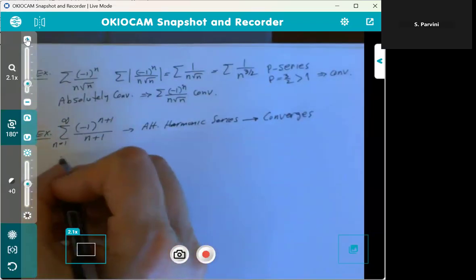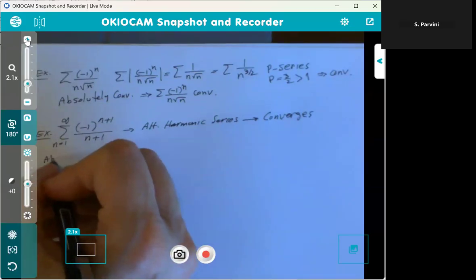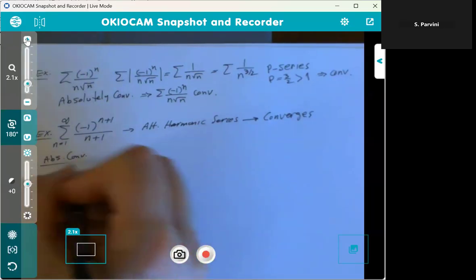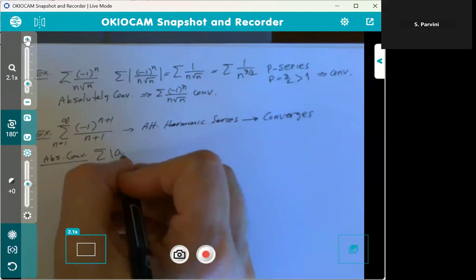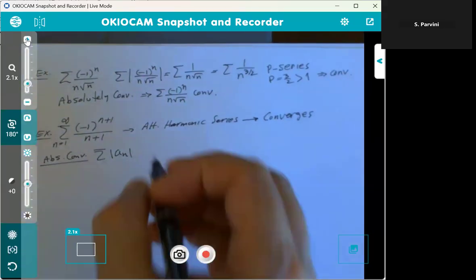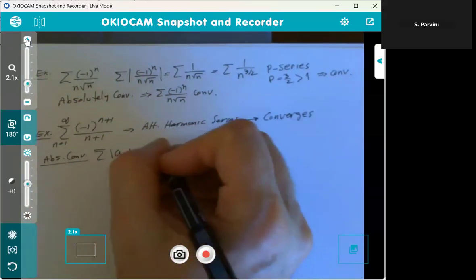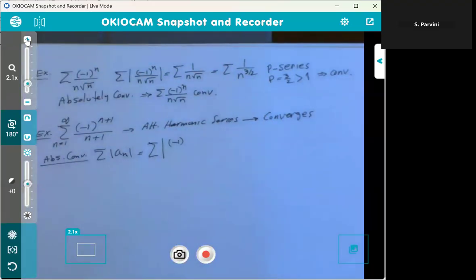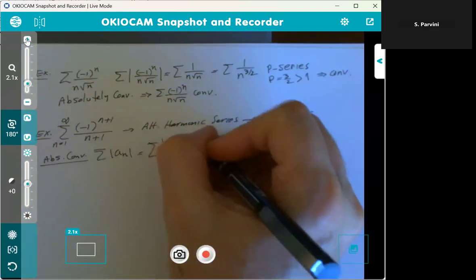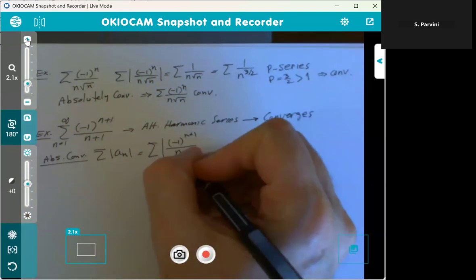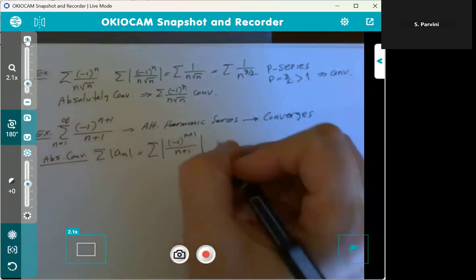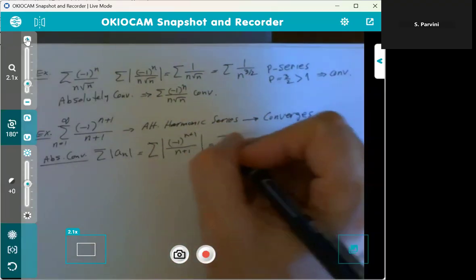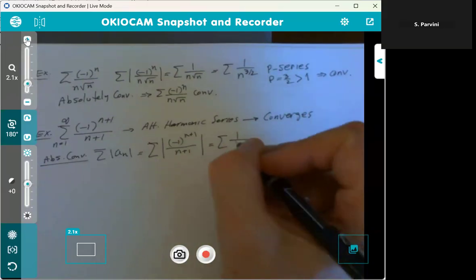Now let's take a look at absolute convergence. So we're looking at the sigma of the absolute value of a_n. That's going to be the sigma of the absolute value of (-1)^(n+1) over n plus 1. And this is simply, we're going to lose the sign. That's the effect of absolute value.